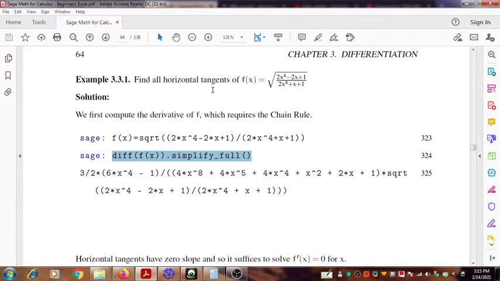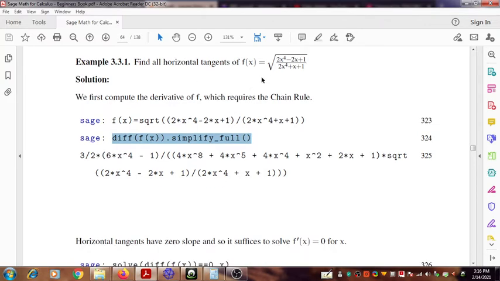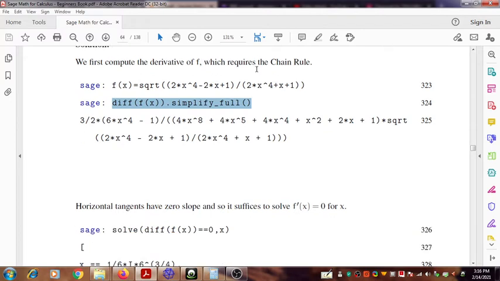So if the given function has some horizontal tangent, then the corresponding values of the slope of those tangents must be obtained by solving the derivative of the given function after equating it with 0.